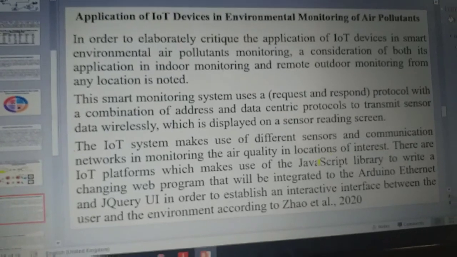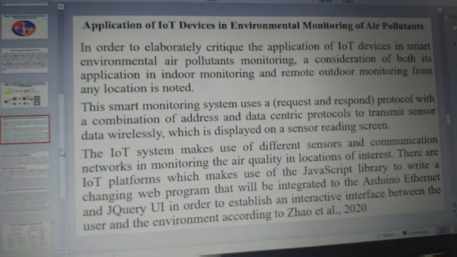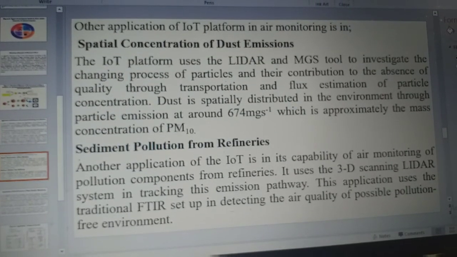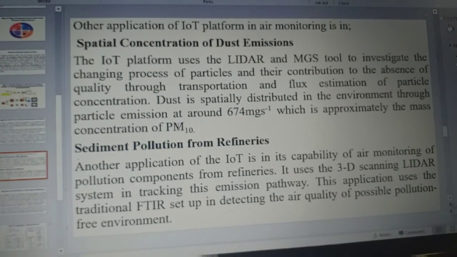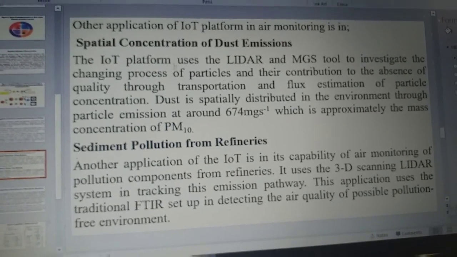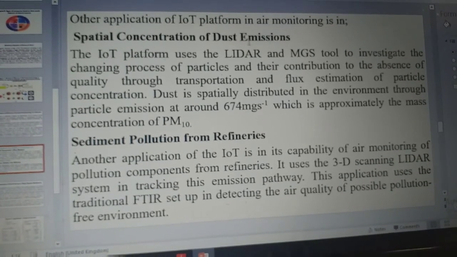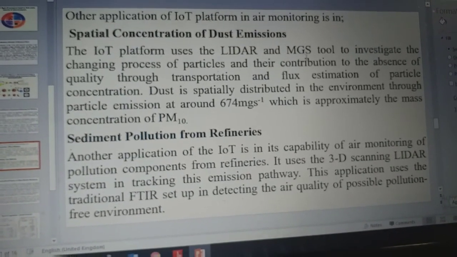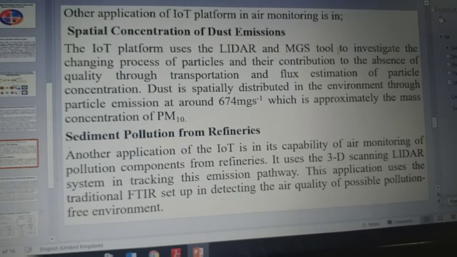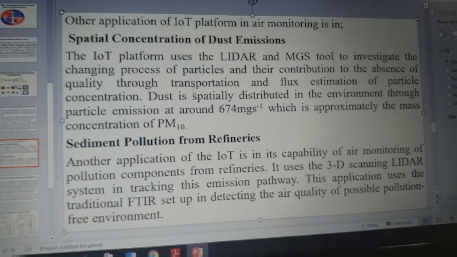The way it works for air pollution is somewhat different from water pollution, because you see its application in special concentration of dust emission, where it uses LIDAR and MGS tools to investigate the changing process of particles.